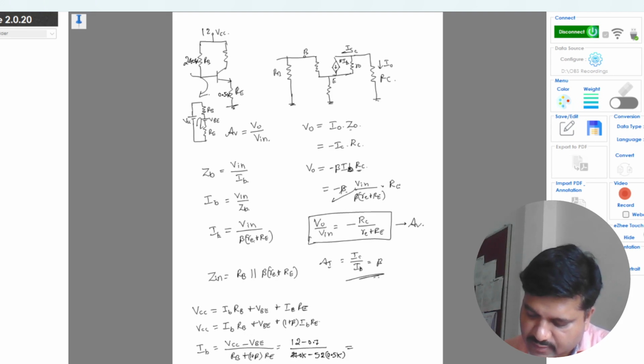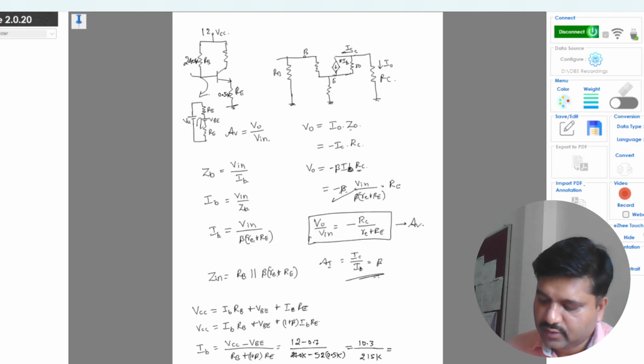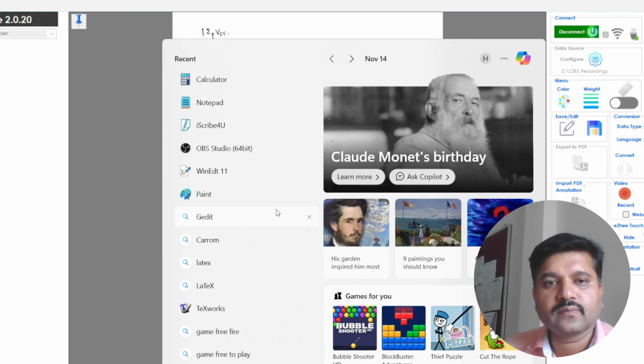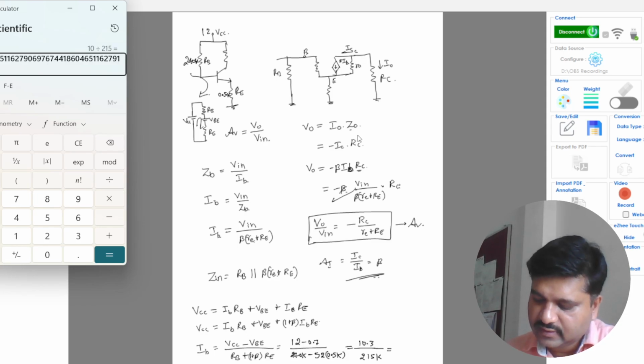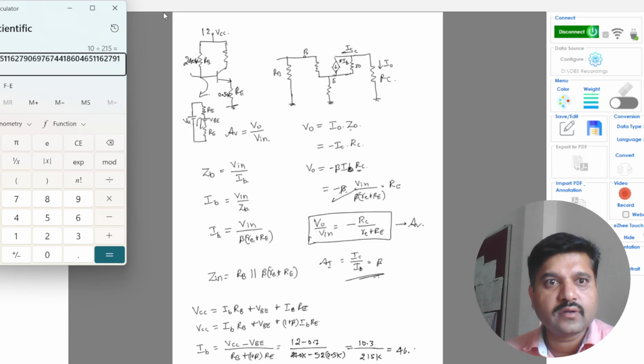Okay, so solving this, you will get 10.3 divided by 240k plus 52 into 0.5k, which is 26k. So 240 plus 26 is around 265k, which will be equal to around 10 divided by 215, approximately 46.5 micro amps.